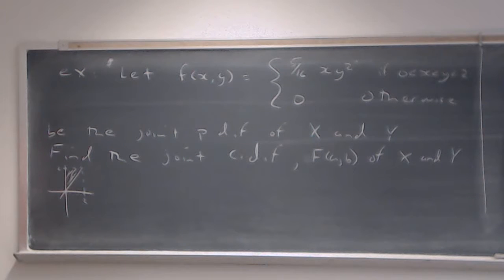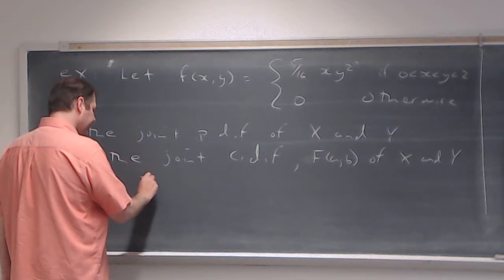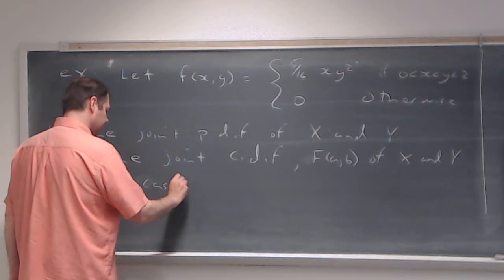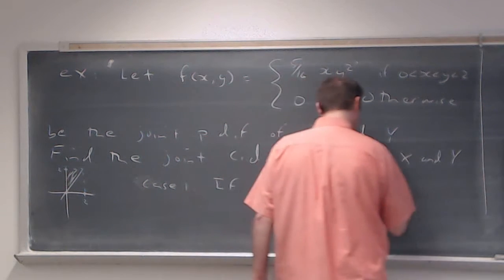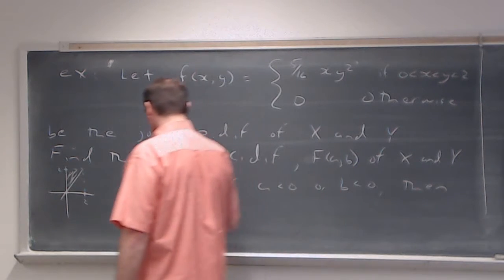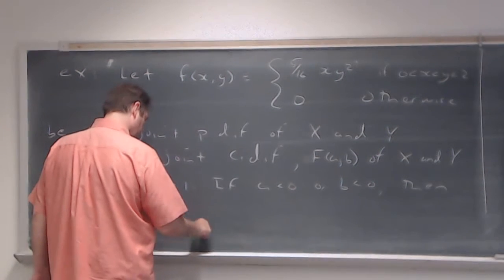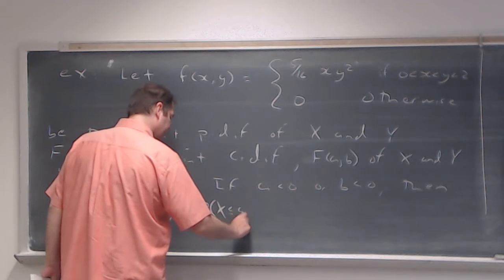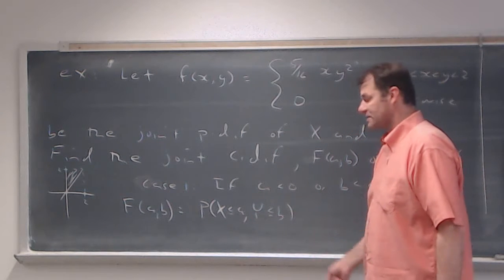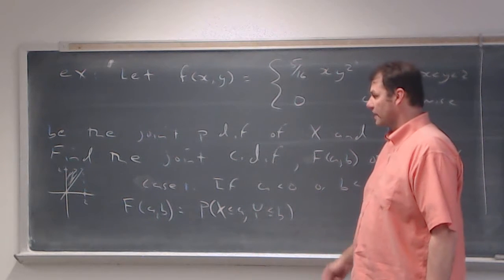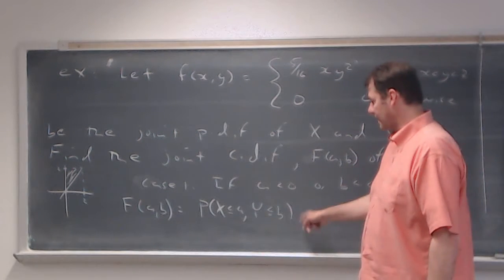And what I notice from the definition of this joint CDF, case 1, if A is less than 0 or B is less than 0, then F of A, B equals the probability that x is less than or equal to A and y is less than or equal to B. Now, if either one of these is less than 0, then you would be integrating the joint PDF over a region where it is 0.